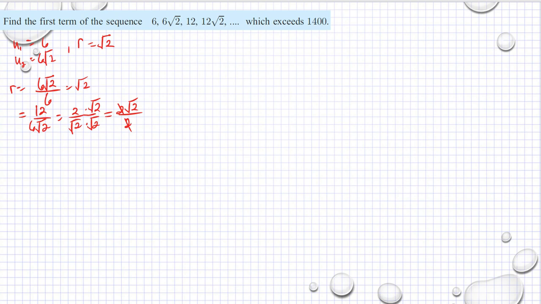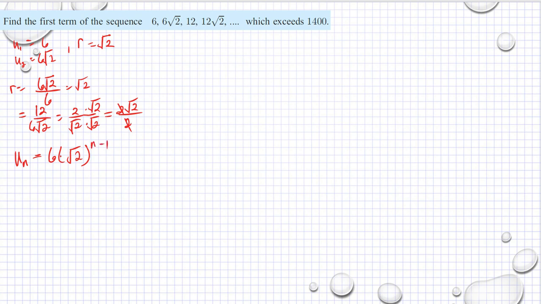Then we have our u sub n, general formula. We have 6 multiplied by square root of 2 raised to n minus 1.